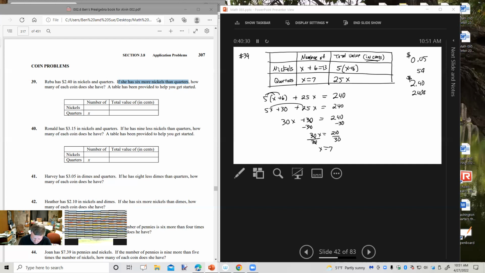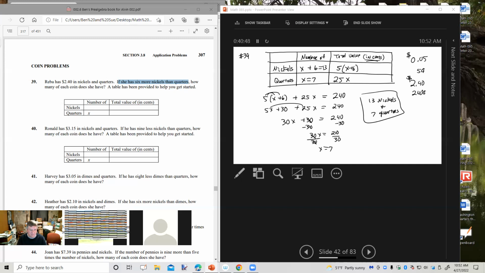So how many of each coin? 13 nickels and 7 quarters. All right. Any questions about that problem? Where did you get the 13? Where did I get the 13? Okay.